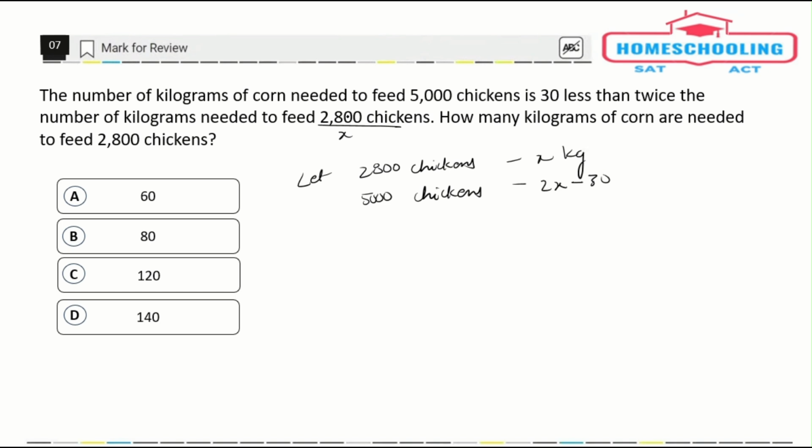So we can see we have two pairs of ratios here. So what we're going to do is x kg for 2,800 chickens is equal to 2x minus 30 kg for 5,000 chickens.